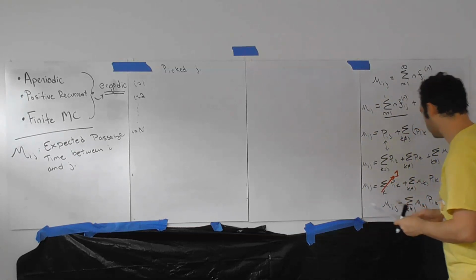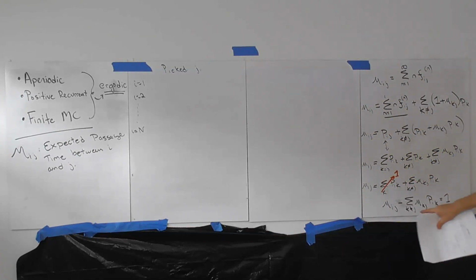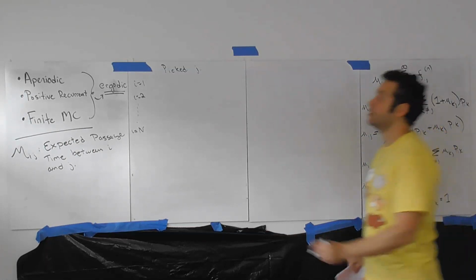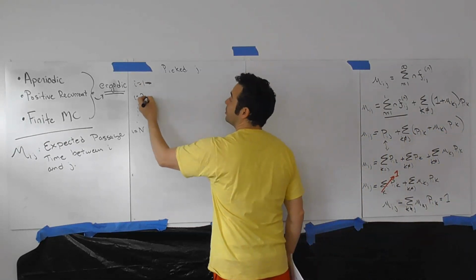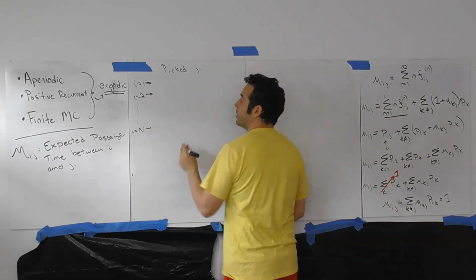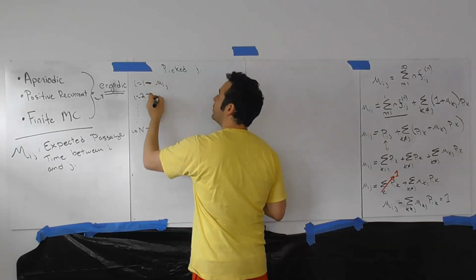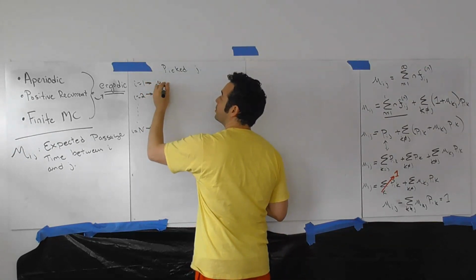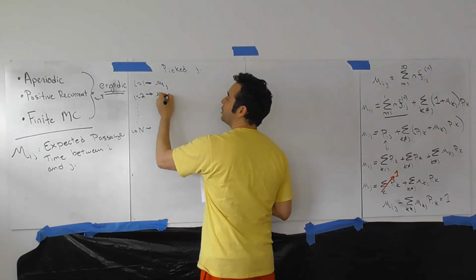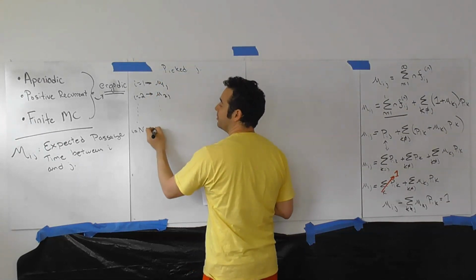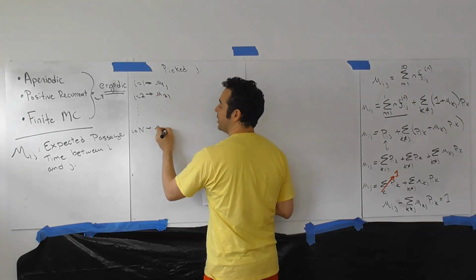Okay, so let's do this. No matter what, we always have this mu ij. So again, I'm going to write out the equation. In this case, we have a mu 1j. Here we have mu 2j, and we keep going down. We'll have a mu nj.